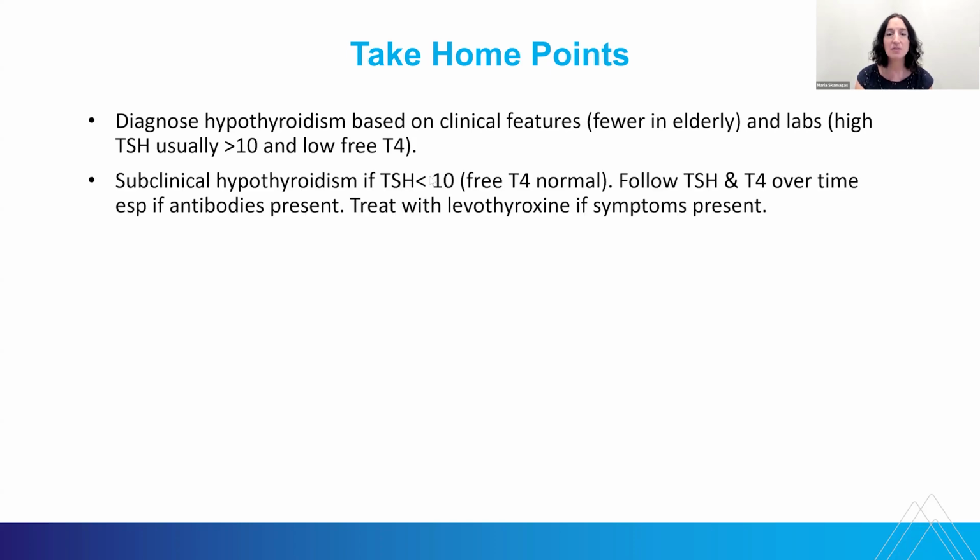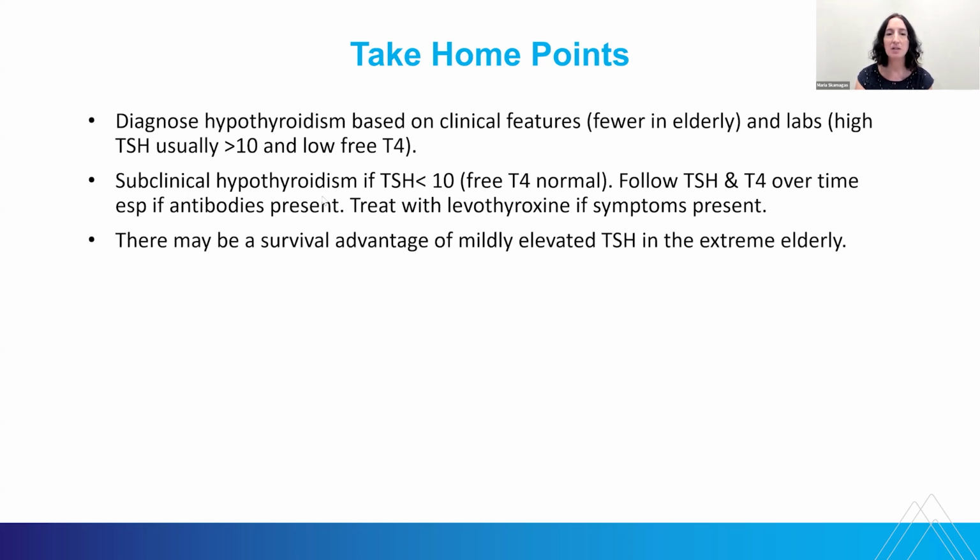Subclinical hypothyroidism: if the TSH is elevated, but the T4 is normal, then that is subclinical hypothyroidism. If they have a TSH that's between 5 and 10, we'll oftentimes just monitor TSH and T4 over time without treating, but we can treat if there are symptoms.